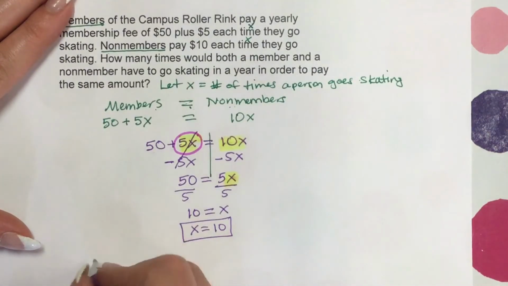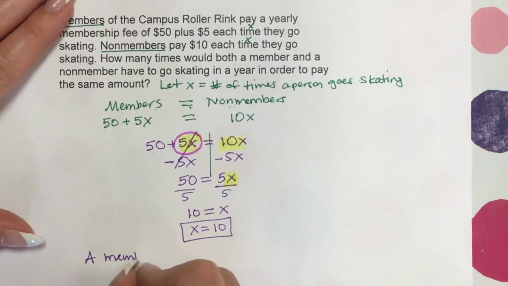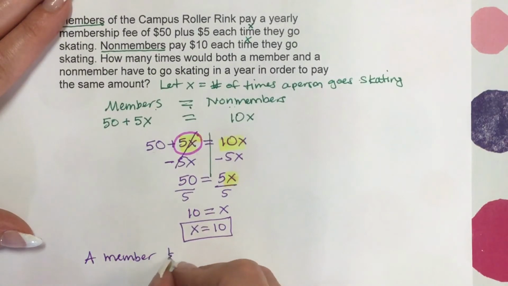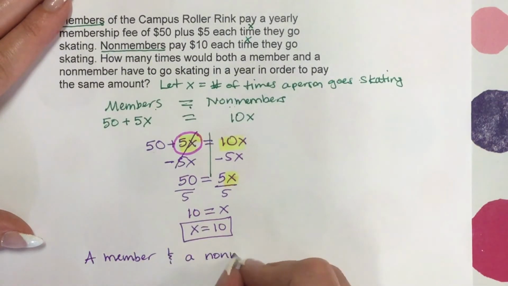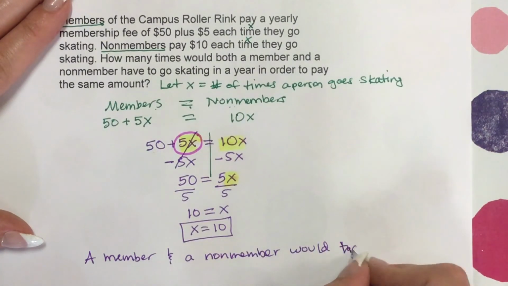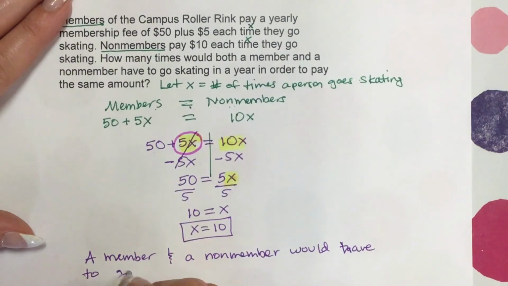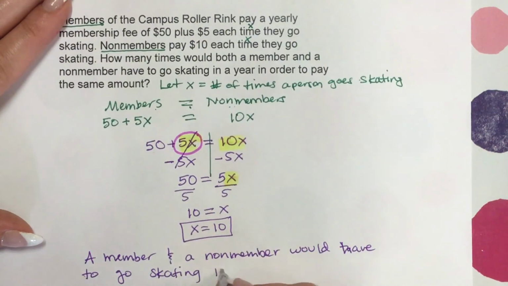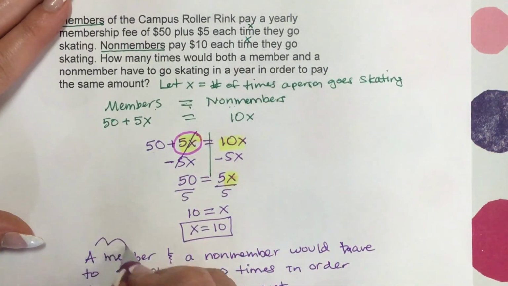So you would say a member and a non-member would have to go skating, x represents the number of times, so go skating 10 times in order to pay the same amount. So that is how that problem works.